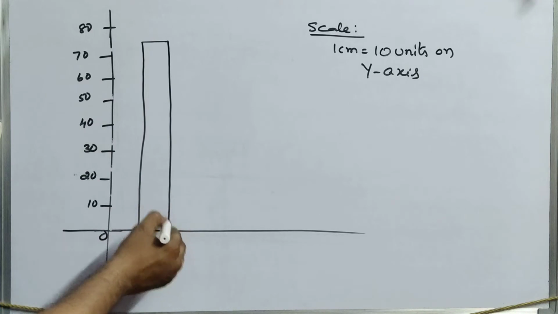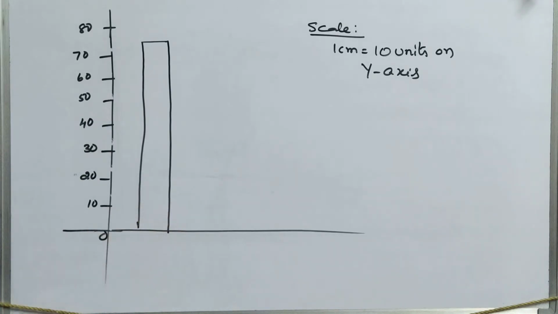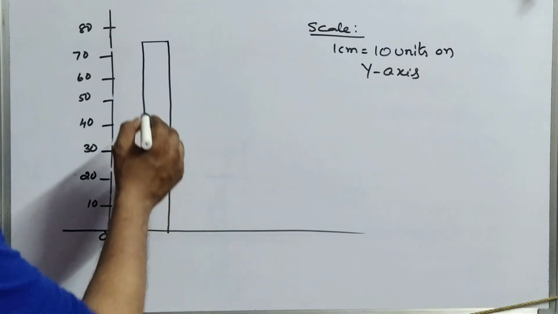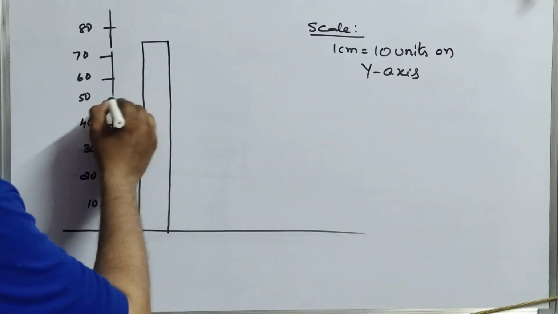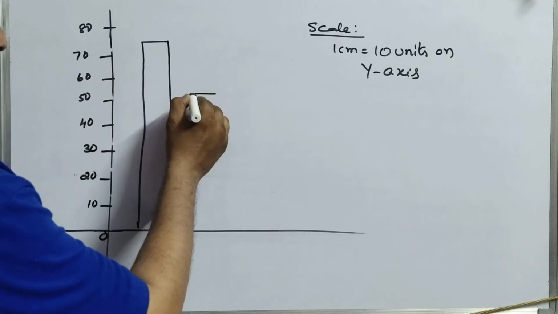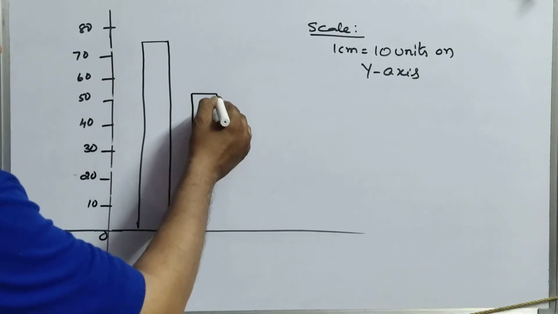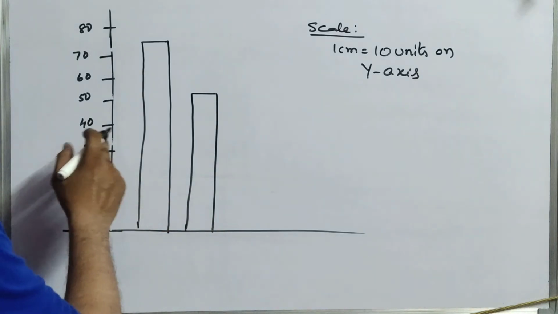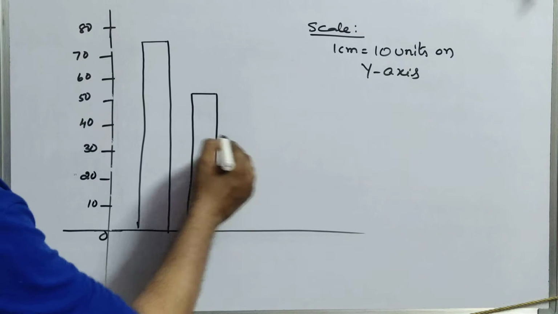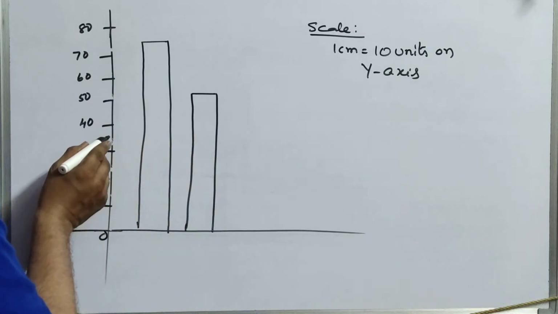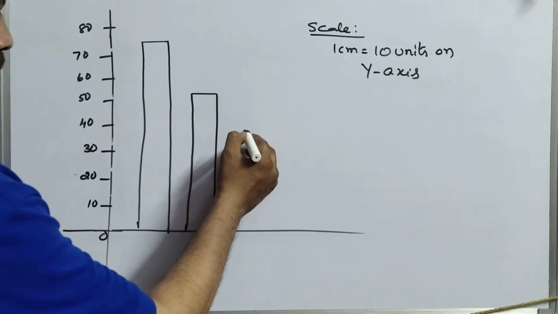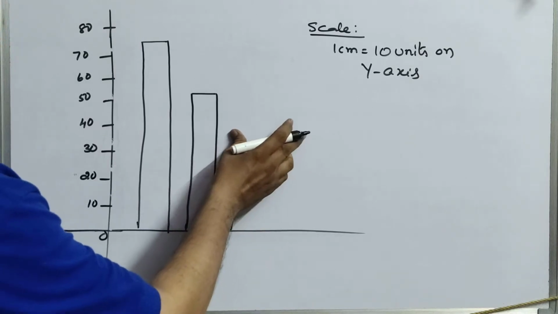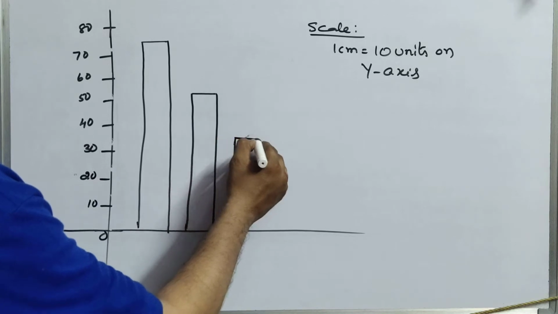Using scale and pencil. Next 55. Here is 50, and 5 more, so 55. Like that you are going to get the graph. Next one is 37. 37 will be 30 here, then 35, 36, 37, just below the 40 line.